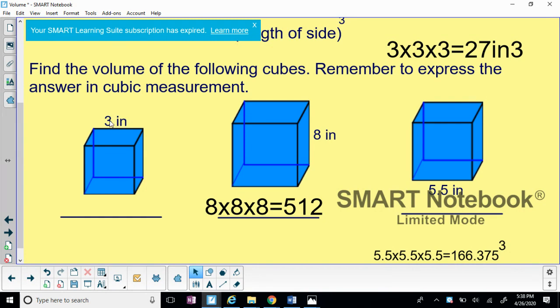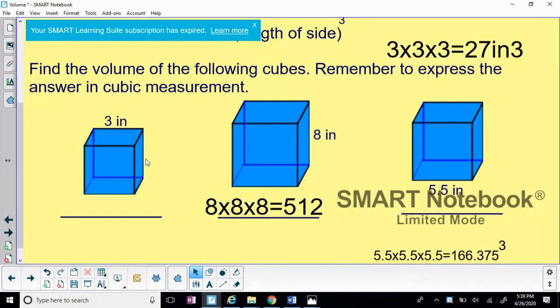There are 6 faces to this cube, and we know that the area of each face is 3 times 3. If we added those up, 3 times 3, 6 times, well, we know that 3 times 3 is 9. 9 times 6, because there's 6 faces, would be 54.